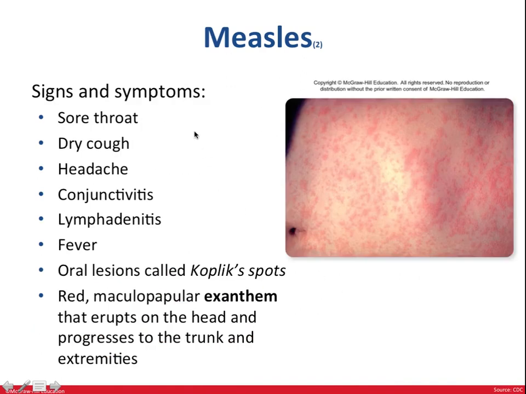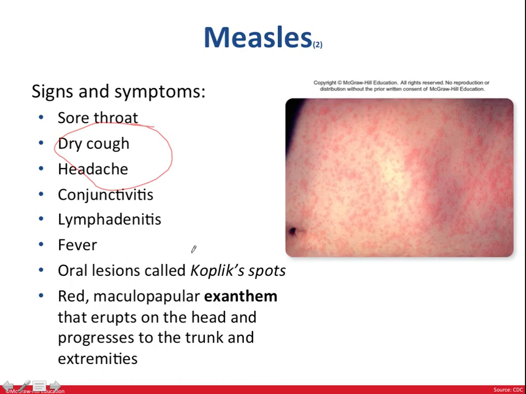The symptoms of measles are like a flu: sore throat, cough, headache, conjunctivitis, lymphadenitis, and fever. The oral lesion is called Koplik spots.